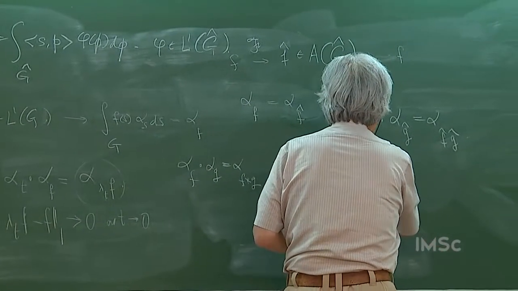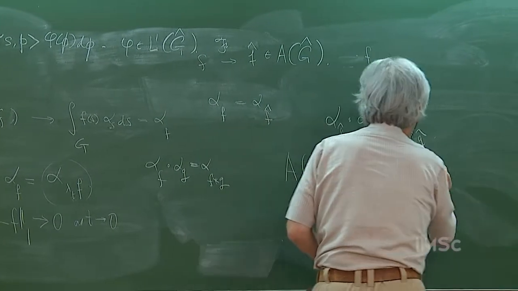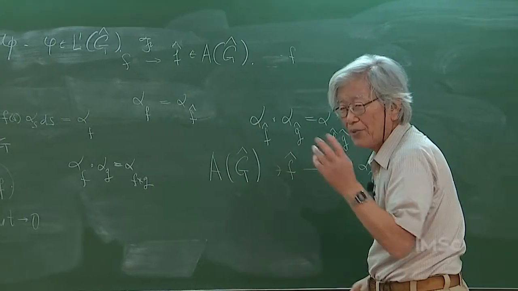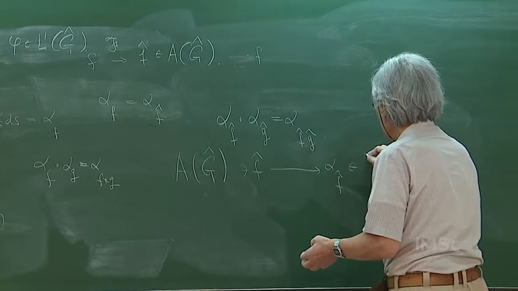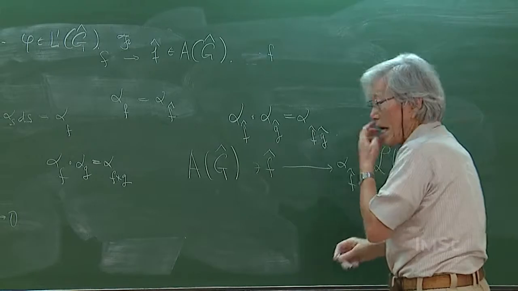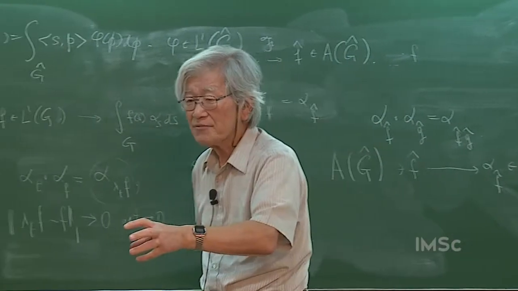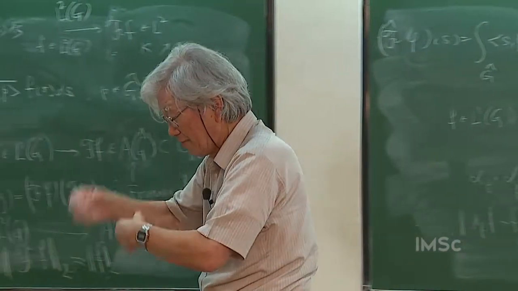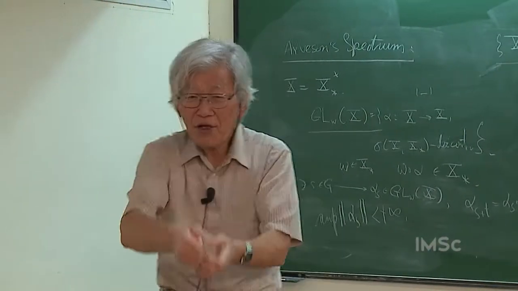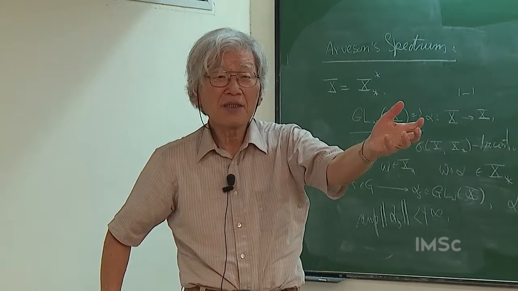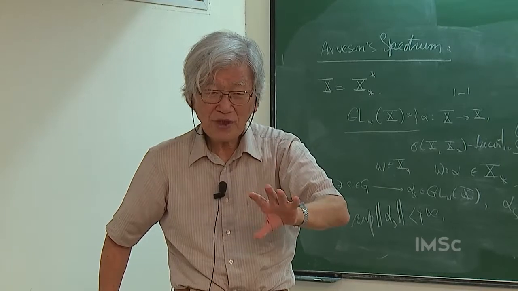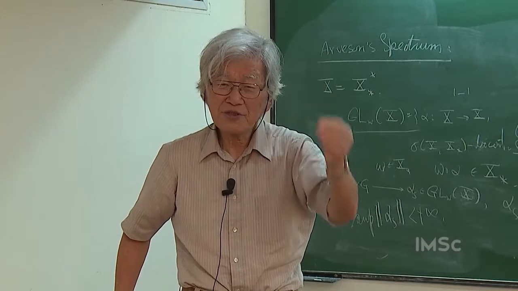And from here, f hat goes to alpha of f hat, which is then a bounded linear transformation in L(X). A commutative ring, okay, and the function algebra over G hat acts on the Banach space X. So the spectrum of A(G hat) is precisely G hat.